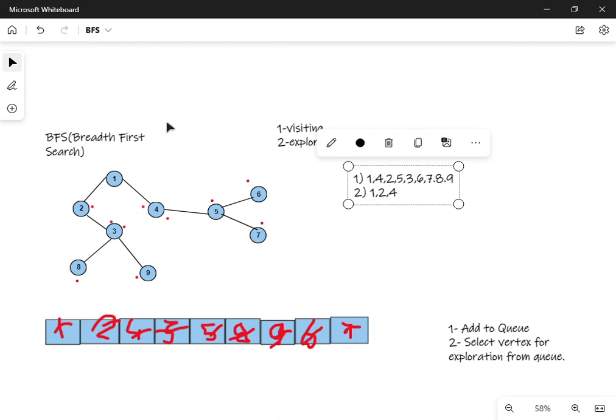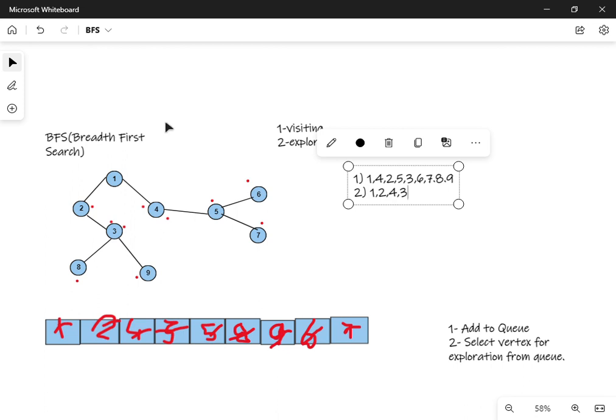Now select 2 as our next vertex. The adjacent vertices of 2 are, sorry, 3 and 1. 1 was completely explored before, so let's write 3 only. So 2 is completely explored now.